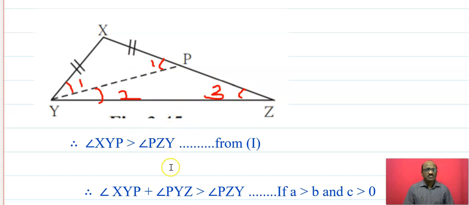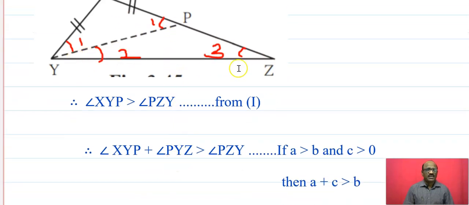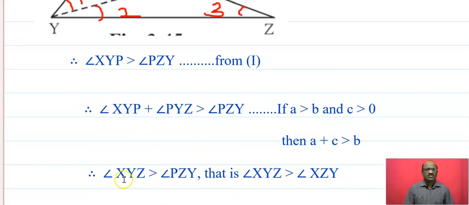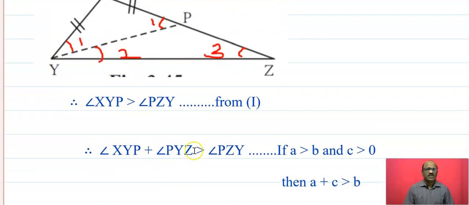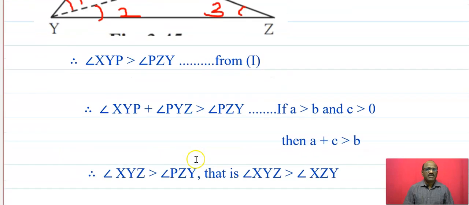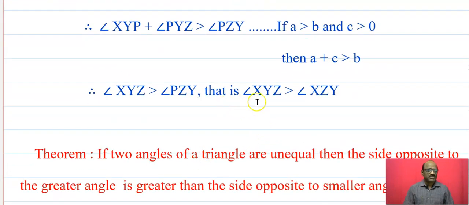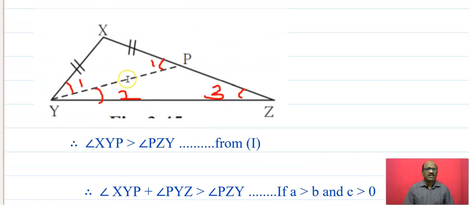If I add the measure of angle PYZ, it is still greater. That is, if a is greater than b and c is greater than 0, then if I add c, what will happen? a plus c is greater than b. And that's why measure of angle XYZ is greater than measure of angle PZY, that is, measure of angle XYZ is greater than XZY.